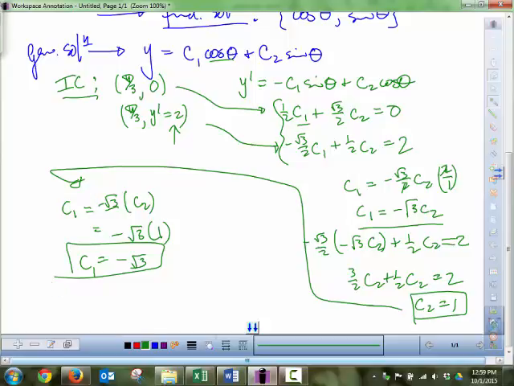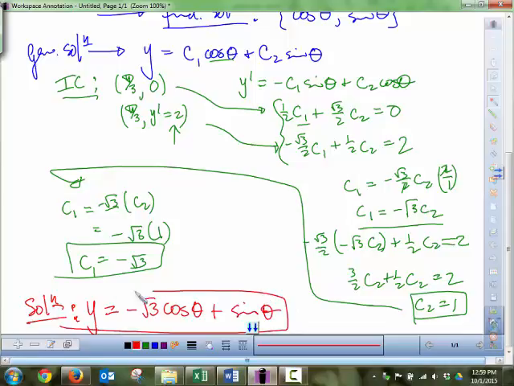So your complete solution to the IVP, the initial value problem, is simply you putting in C1 and C2. So C1 is negative root 3 cosine theta, and then C2 is positive 1 sine theta, and that's it. Okay? All right. Any questions?